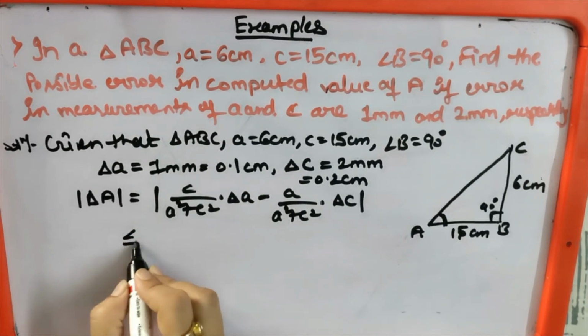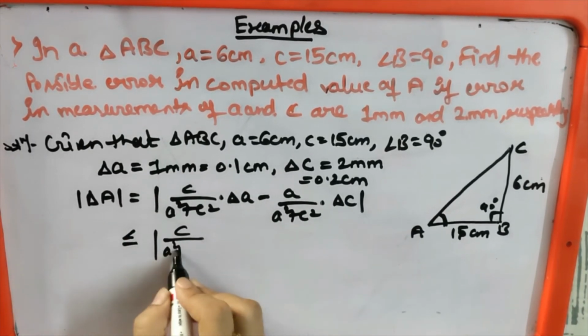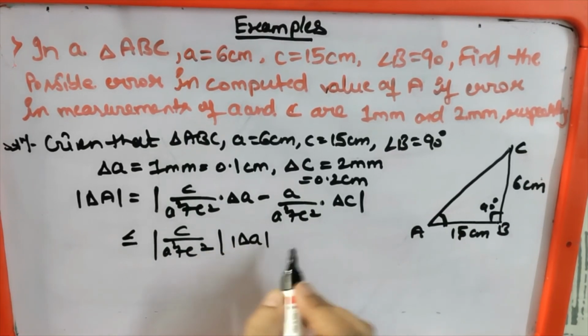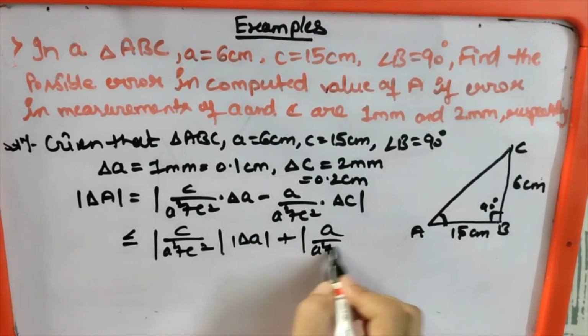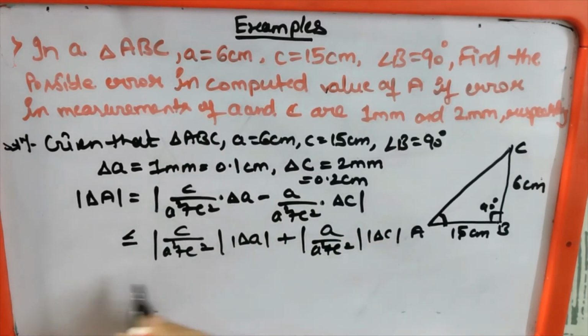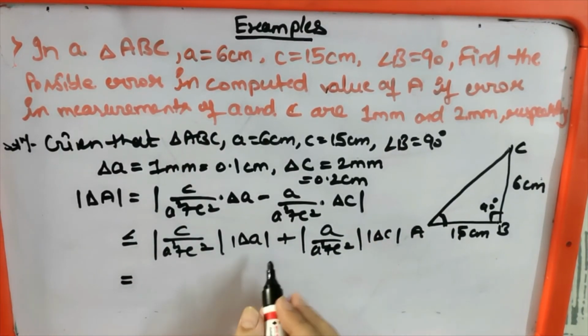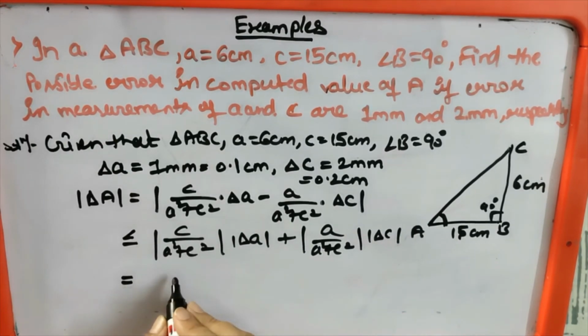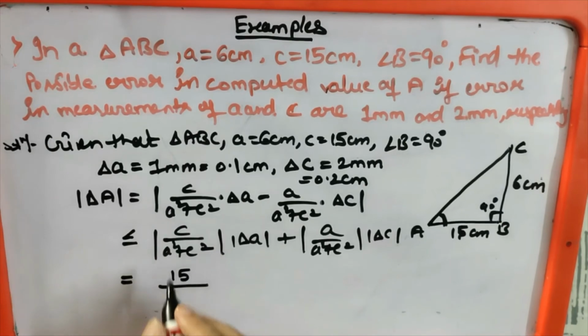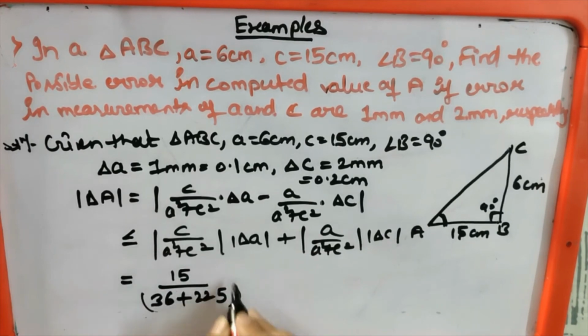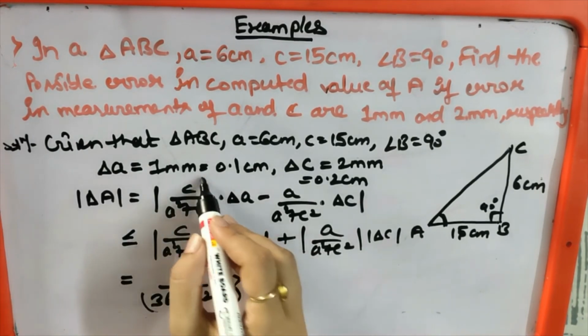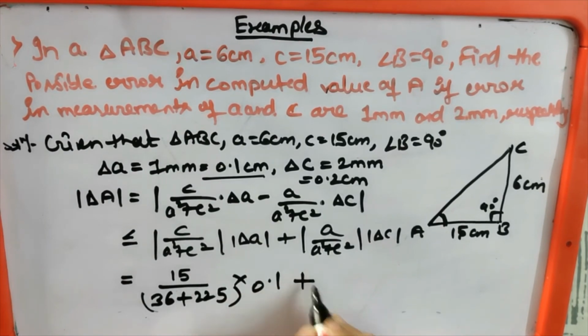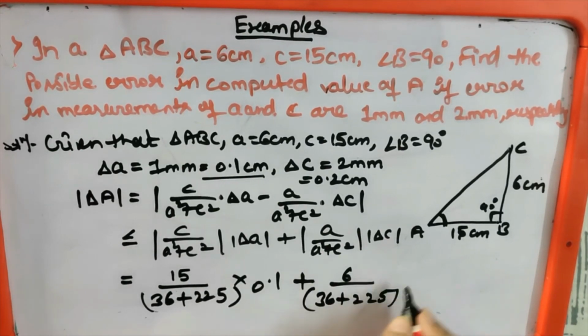Then by formula, now substitute the values of a, c, delta a and delta c. c is 15, a square is 36 plus 225 into delta a is 0.1 plus 6 upon 36 plus 225 into error in c is 0.2.